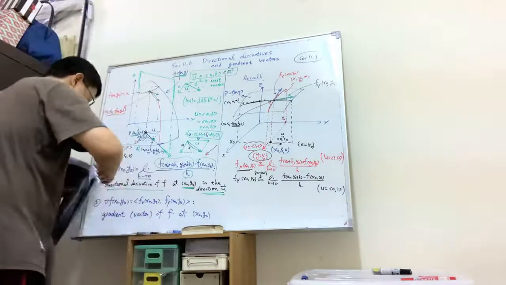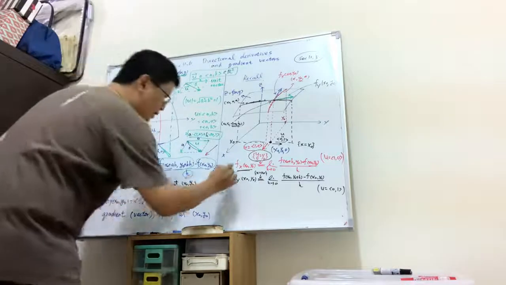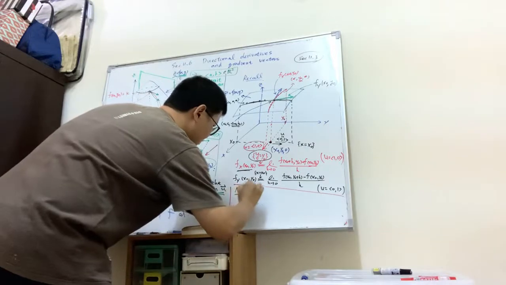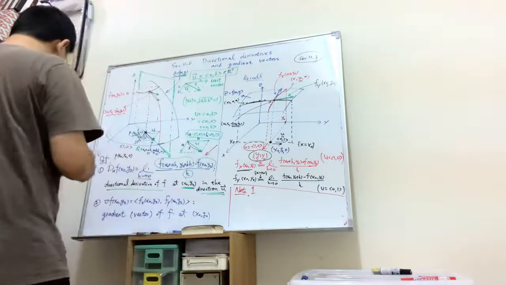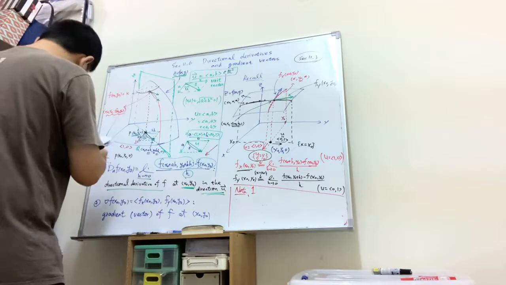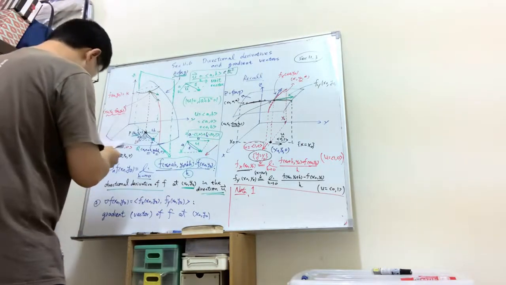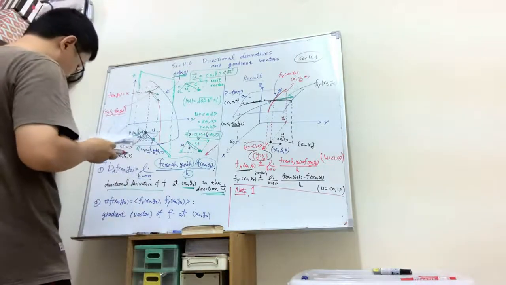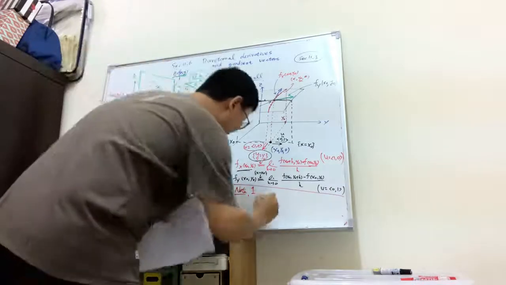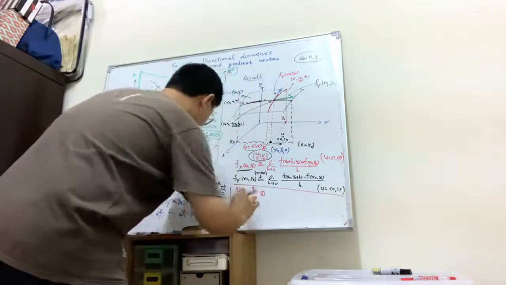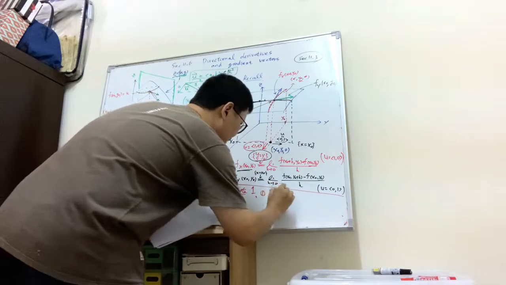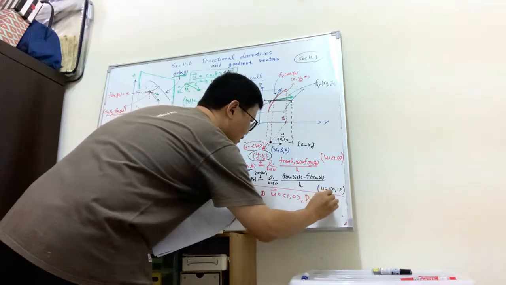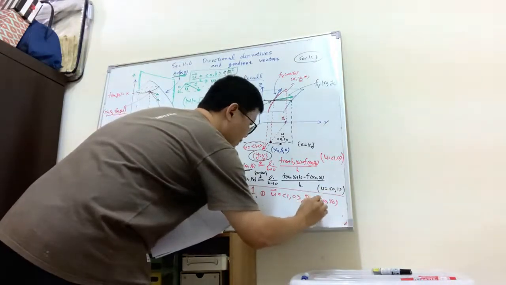And if so, what do we have? First, if u equals 1, 0, then D_u f of x0, y0 is exactly f sub x of x0, y0.